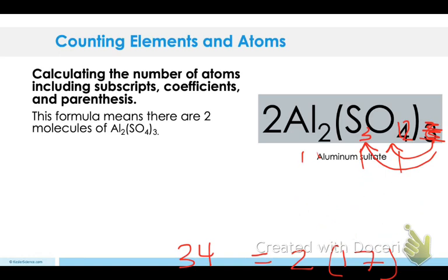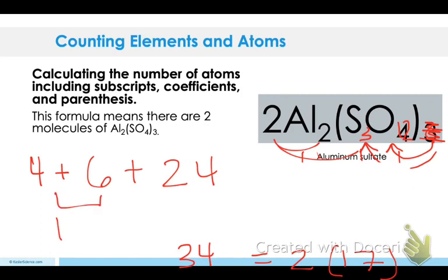Okay, another way I can do it. 2 times 2, 4. 2 times 3, 6. 2 times 12, 24. And then I can add that all up. 4 plus 6, 10, plus 24 equals 34.